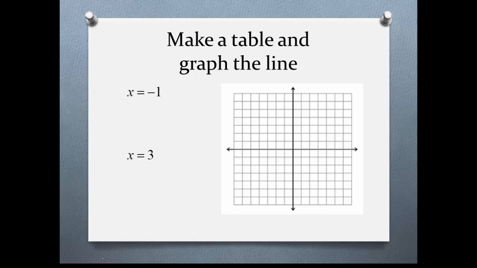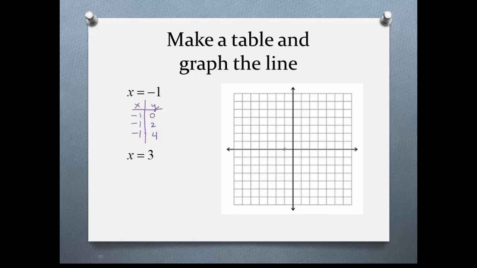You can probably guess what's going to happen now that I only have an x value, but let's just do the same thing here. If I make a table, this time around, when it says x equals negative 1, it means that no matter what y is, x always has to be negative 1. So if I pick something like 0 and 2 and 4, again, I can pick anything I want for y, and then I plot these points.